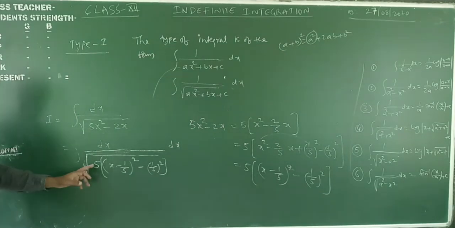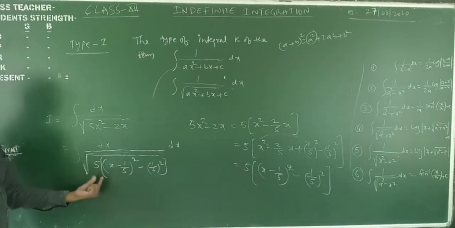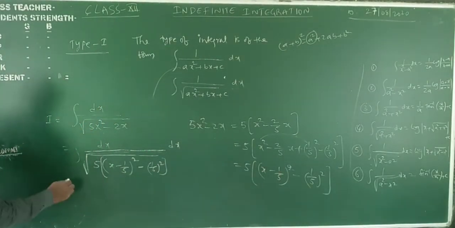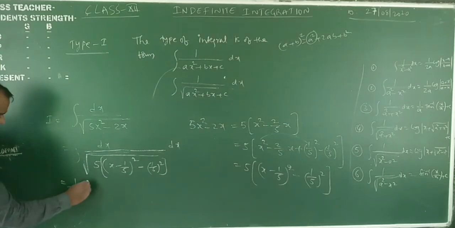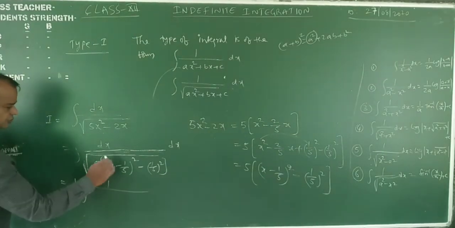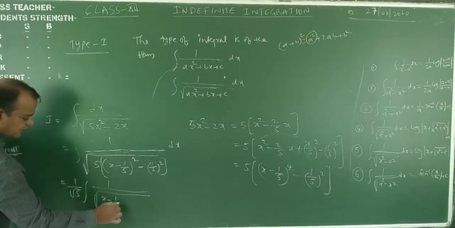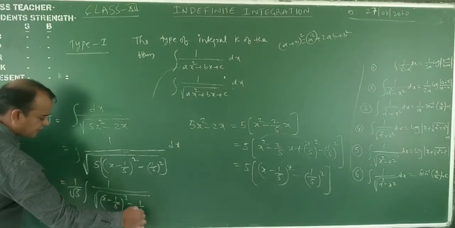Now here root 5 is the constant, 1 by root 5. Root a into root b, so 5 into root a into root b means root a into root b. 1 by root 5 is a constant. Write down integral of 1 by root over x minus 1 by 5 whole square minus 1 by 5 whole square.